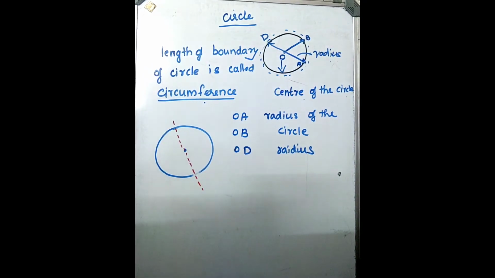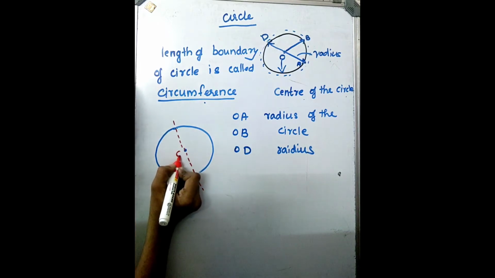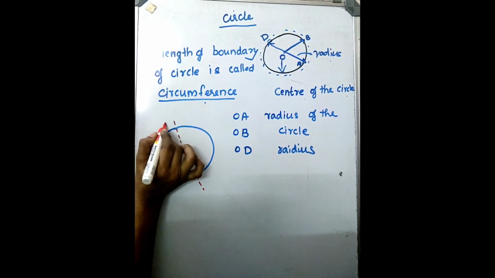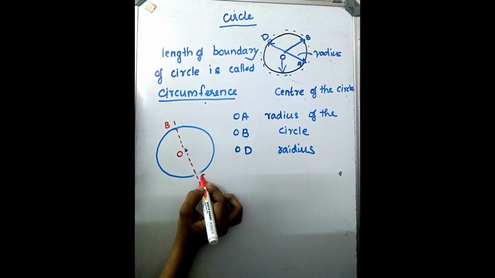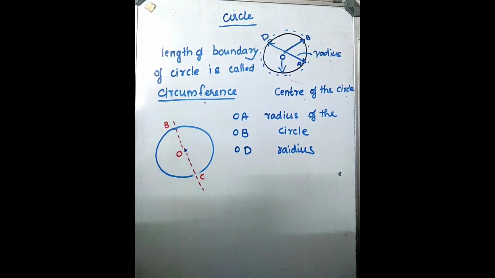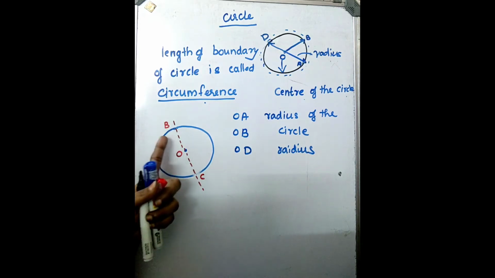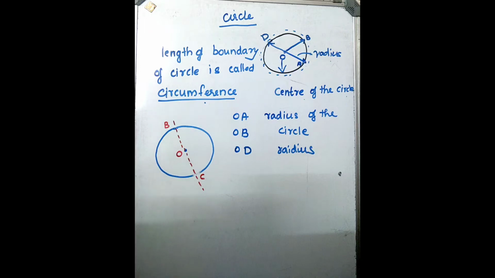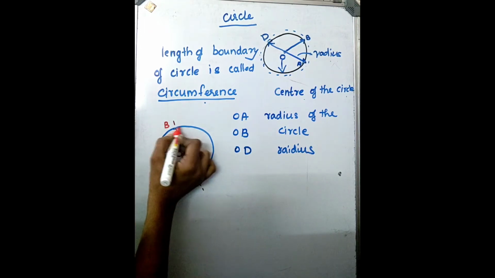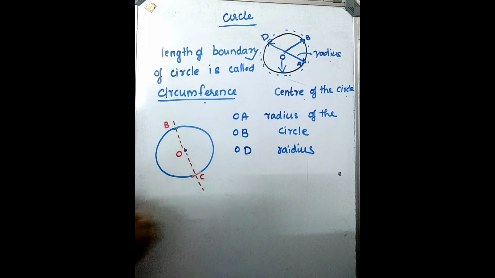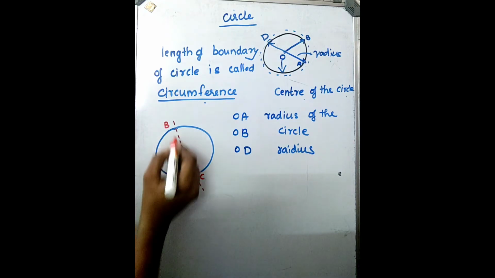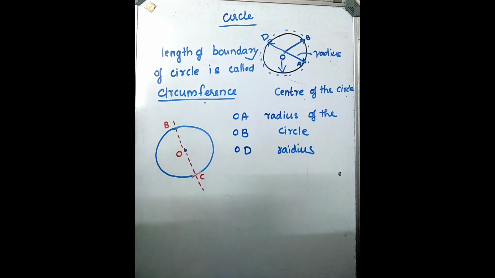Look here, this is center O. I draw a line BC; any name can be given, MN or any name. This line BC passes through the center, touching the two points B and C on the edge of the circle, and this is called the diameter of the circle.